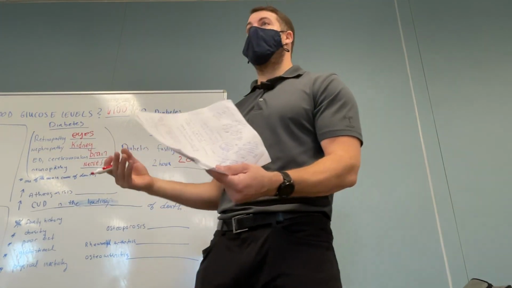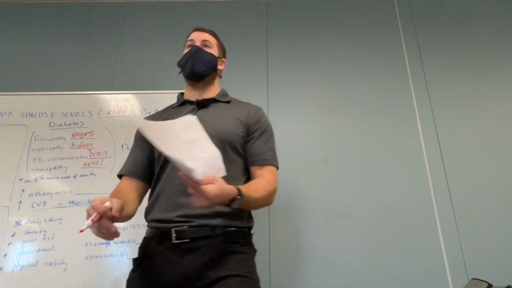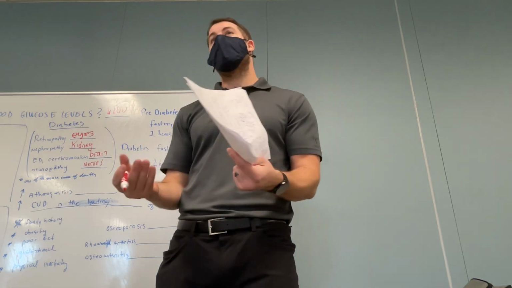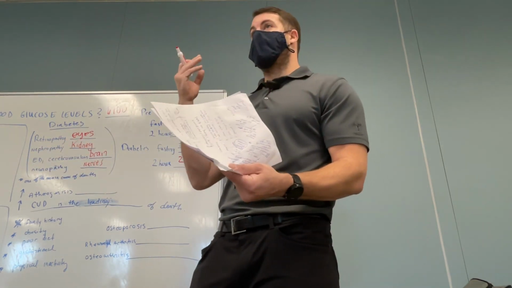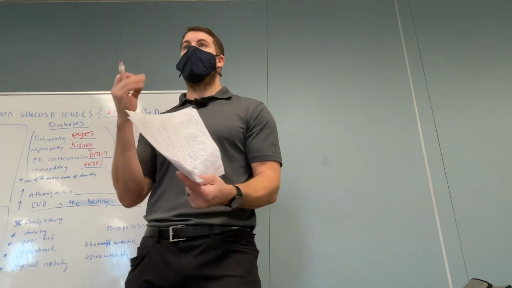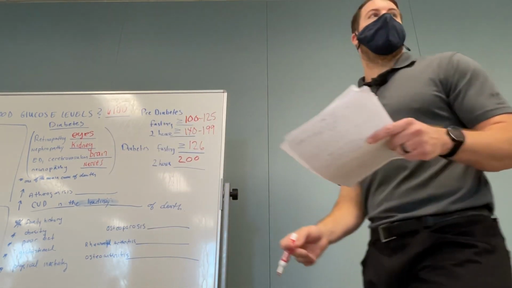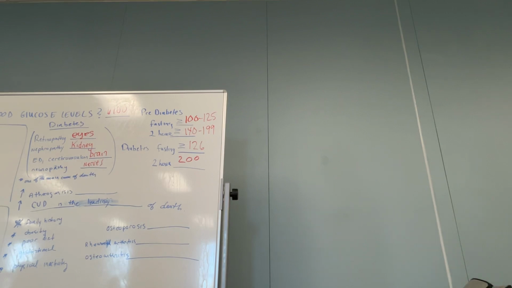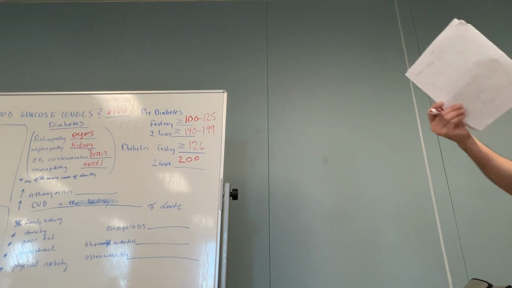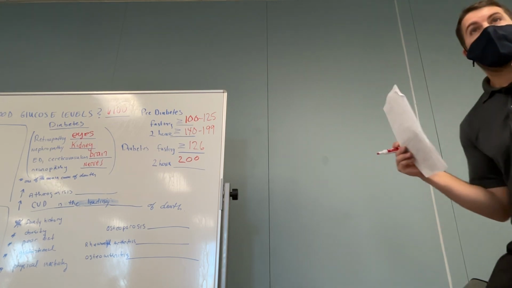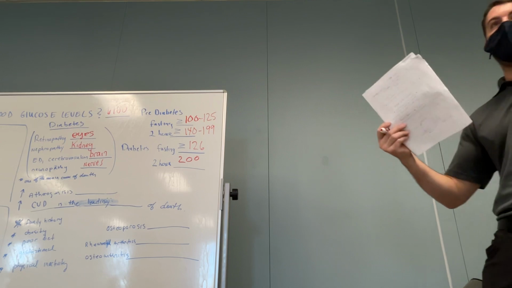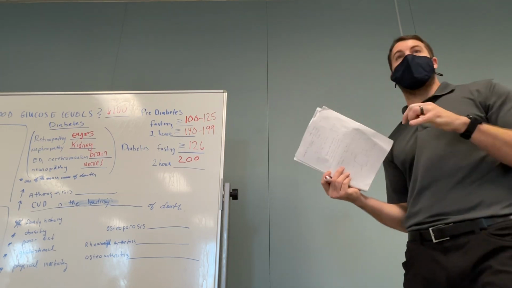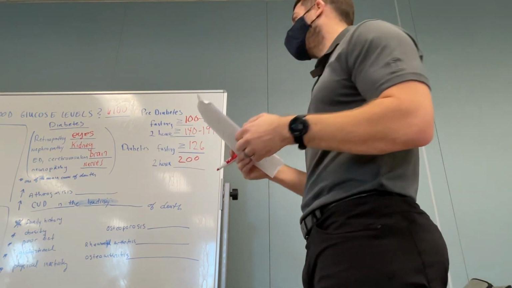Okay, so if you have a client who has retinopathy due to diabetes, what might be an exercise you might want to stay away from with someone that has heightened retina disease? So like a leg press where you're getting really compressed and you're kind of building up that pressure is actually not good for someone with retinopathy.